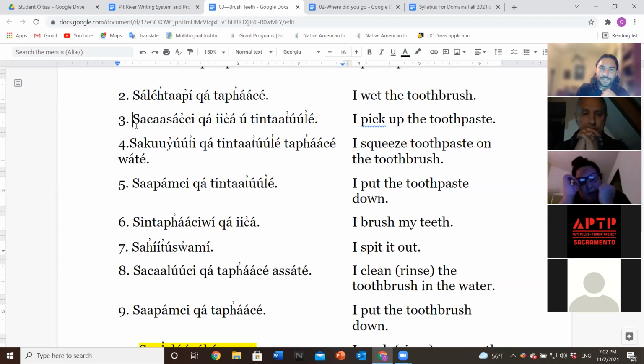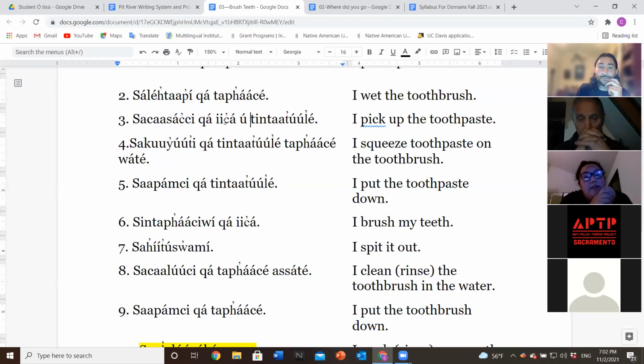Okay, so saja sachji raita utinta tule. I know this is another long one. Saja sachji raita utinta tule. Sanakat Jiga Icha U Dinatule.